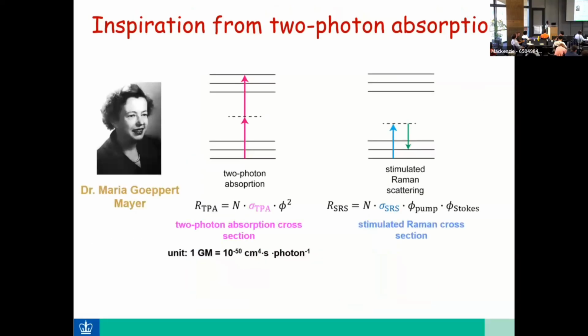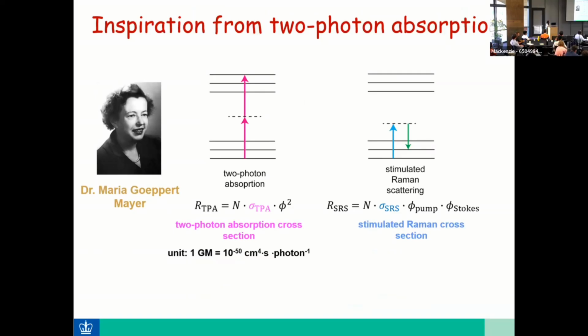It turns out that it's actually quite reasonable to do so, because a similar cross-section coefficient has already been defined for a nonlinear optical process, in particular two-photon absorption, by Dr. Maria Goeppert-Mayer.